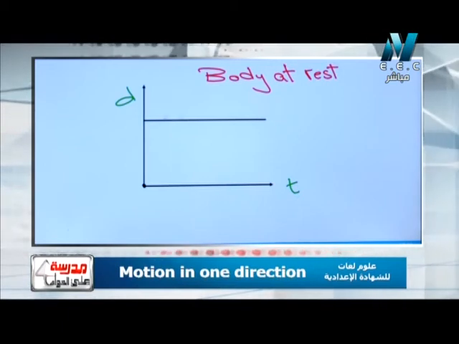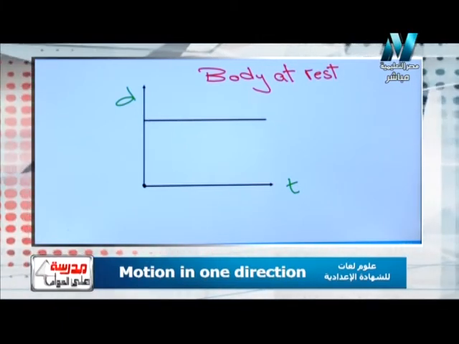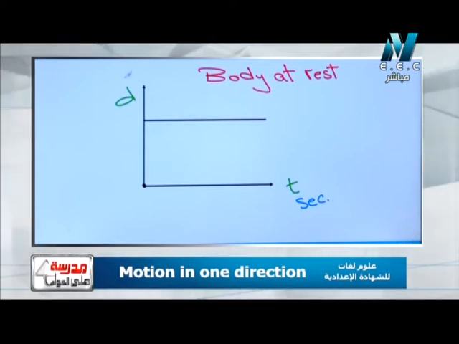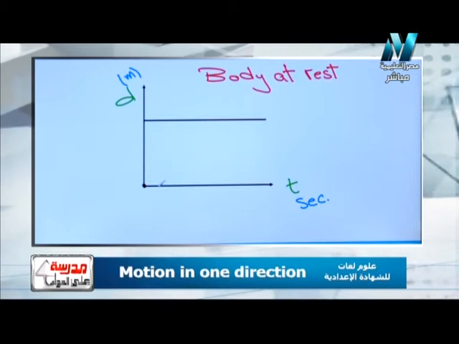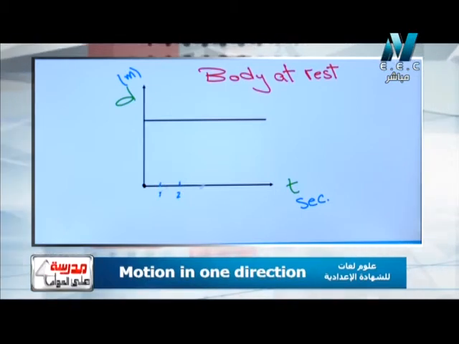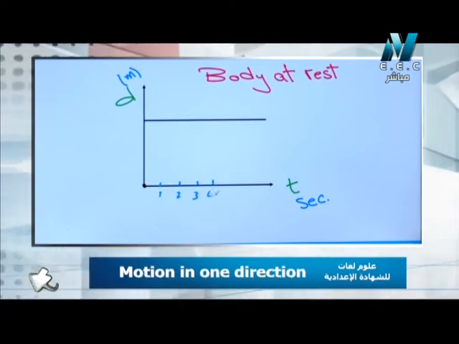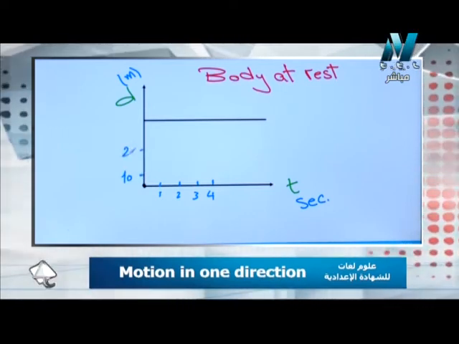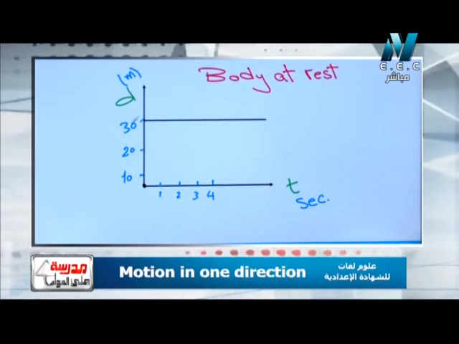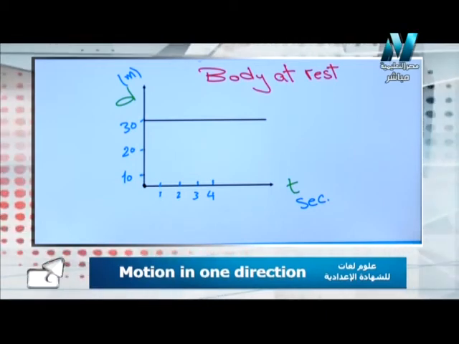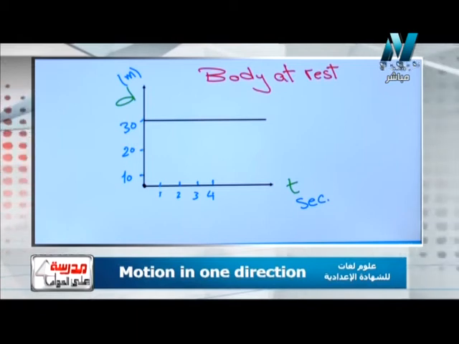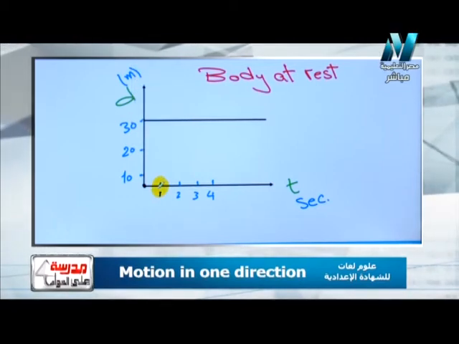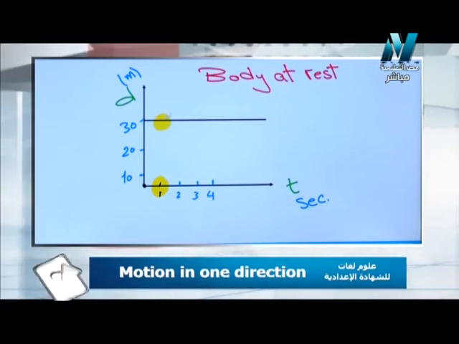Why? Because the body here is not in motion. If we put points on the graph, with time in seconds and distance in meters, for example 1 second, 2 seconds, 3 seconds, 4 seconds, and distance as 10 meters, 20 meters, 30 meters, as we move along the straight line parallel to the time axis: after 1 second, the body is at a distance of how many? 30 meters.